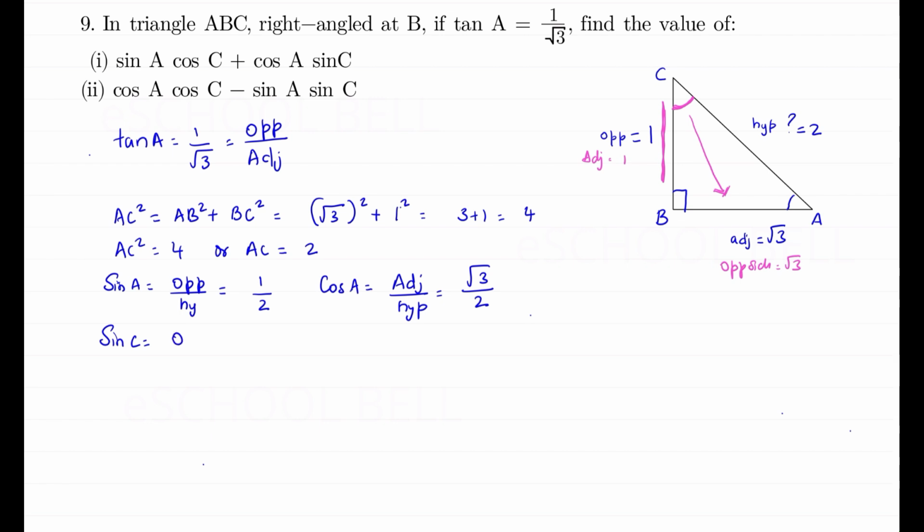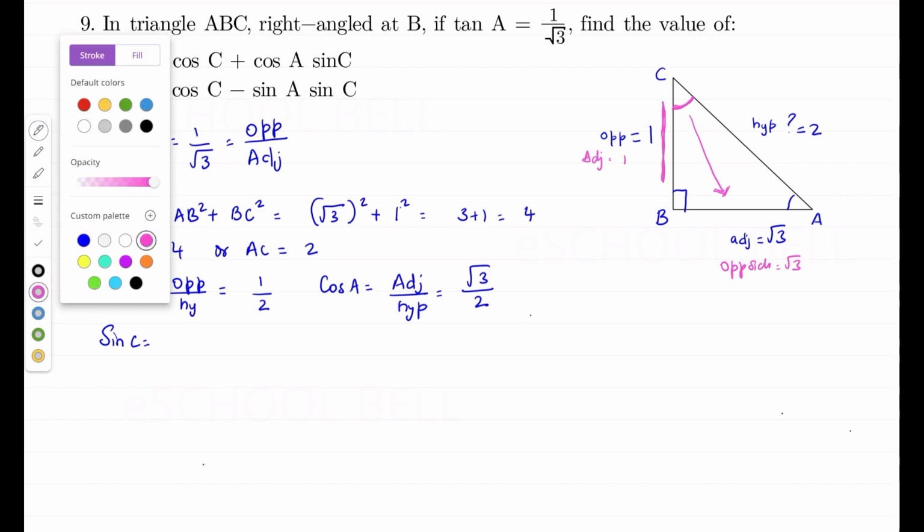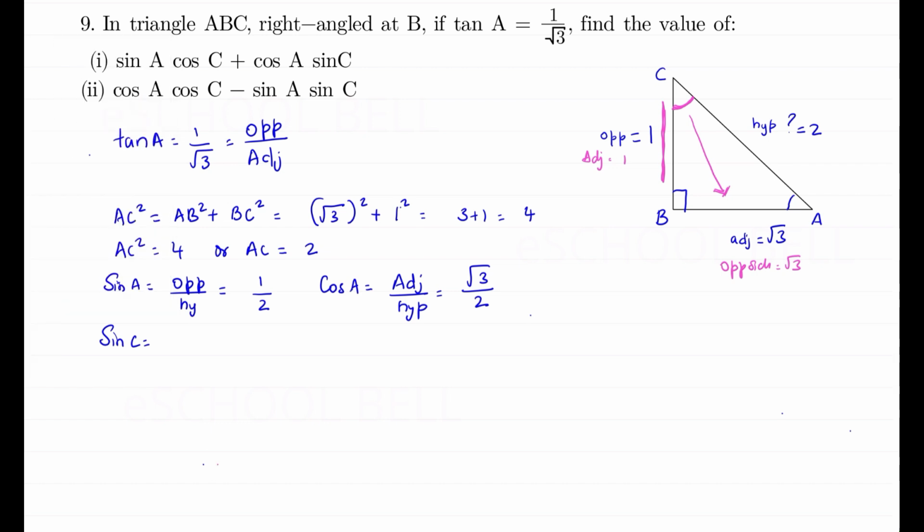Therefore, sin C will be equal to opposite by hypotenuse. I think I'll better write in pink color so that you can differentiate this. So it will be opposite by hypotenuse.